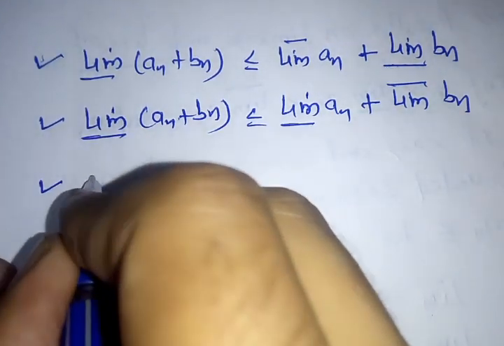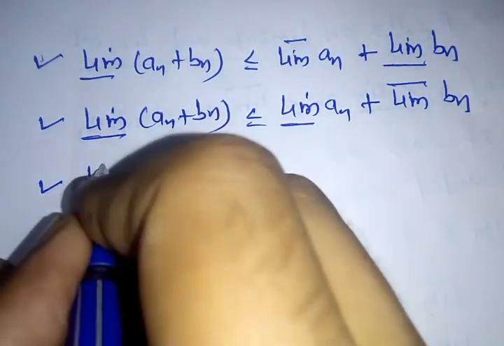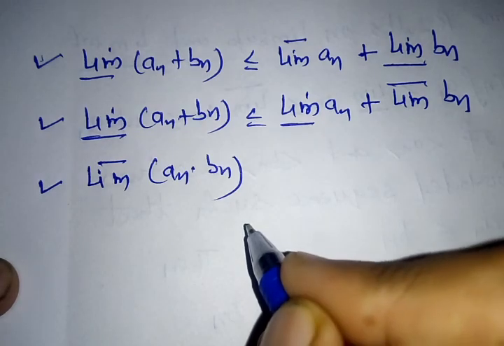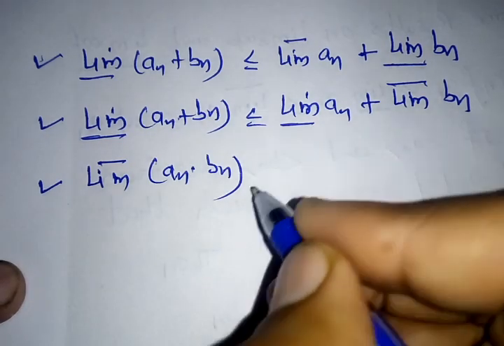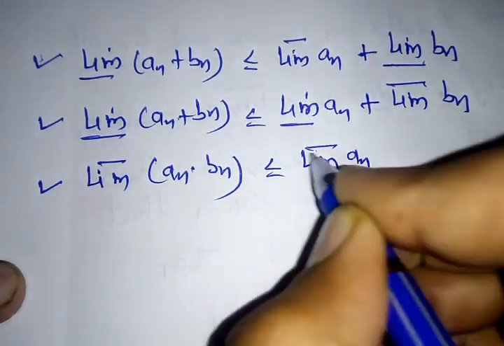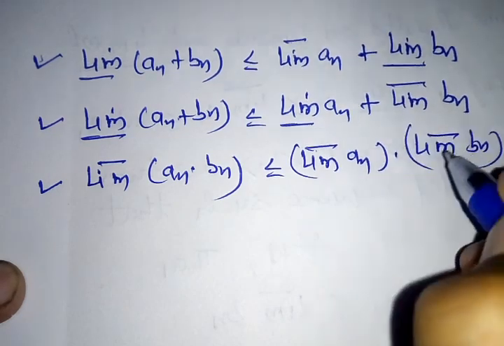Next property for multiplication of sequences: limit superior of an into bn is less than or equal to limit superior of an into limit superior of bn.